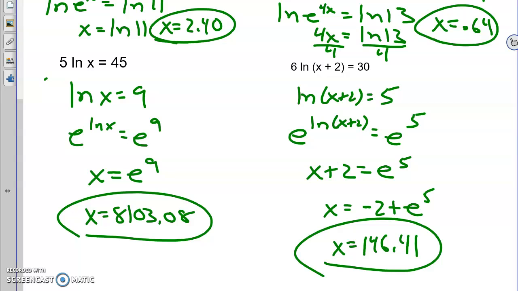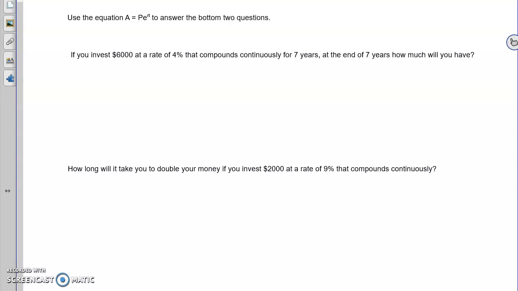All right, finally, we'll take a look at the best real-life application of these problems, and that is continuously compounding interest using the equation total amount equals P, our initial principal, times the number e raised to the rate times time.